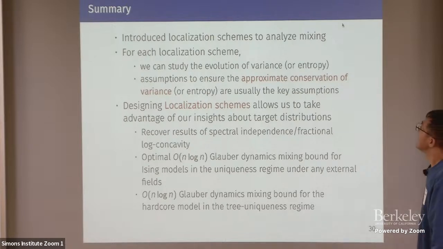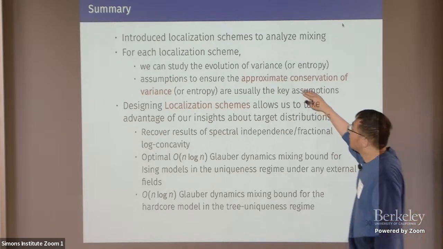Okay, to summarize, we introduced this localization scheme as a way to analyze the mixing time of sampling algorithms on the Boolean hypercube or in R^n. And we're trying to say that there's this high-level thing of designing a localization scheme, and there's this small mechanical part of proving the evolution of the variance that works well along the stochastic localization process.